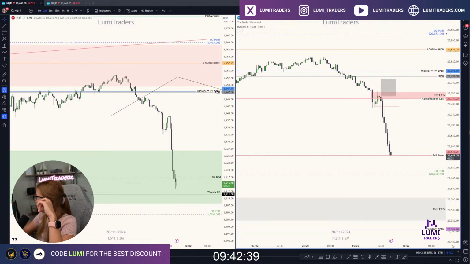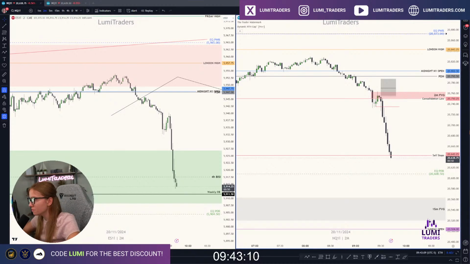Give me 1 second, guys. Okay. Still trying to keep my eyes on 1-minute chart.